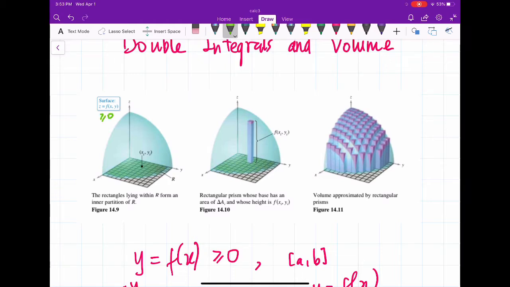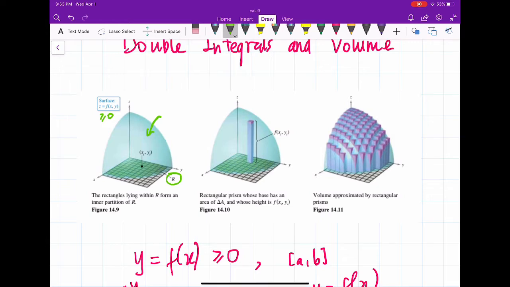And this function describes some surface in R3. The region R is the domain of this function. And we want to find the volume of a solid region bounded by the surface of this function when x, y are in R.